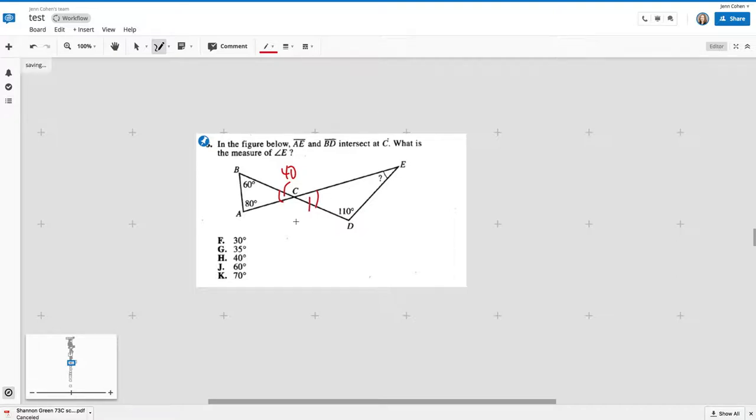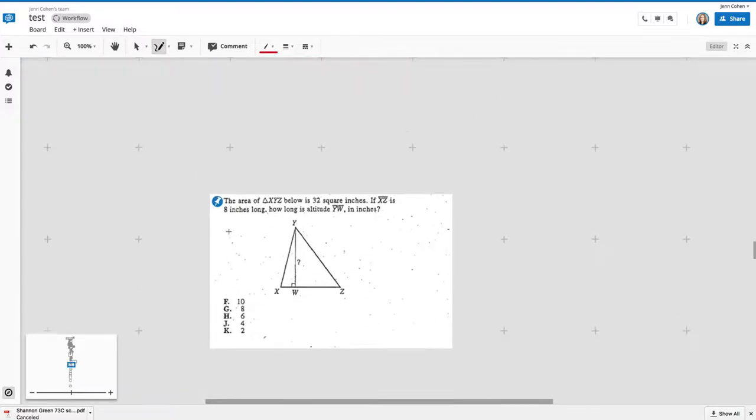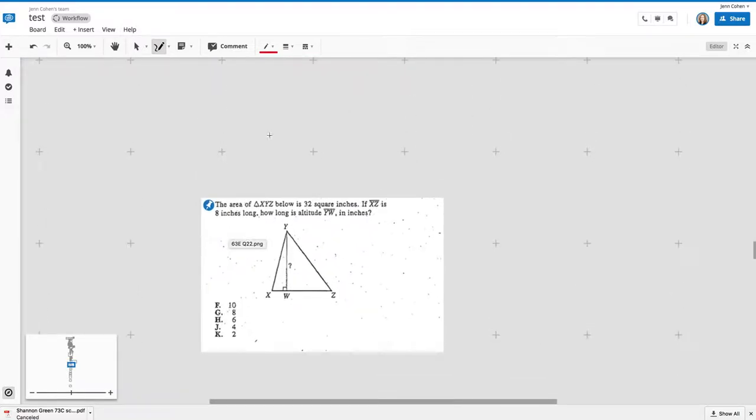That means this will also be 40. If you subtract 110 and 40 from 180, you'll get 30, which is our angle E here, and that is our answer.